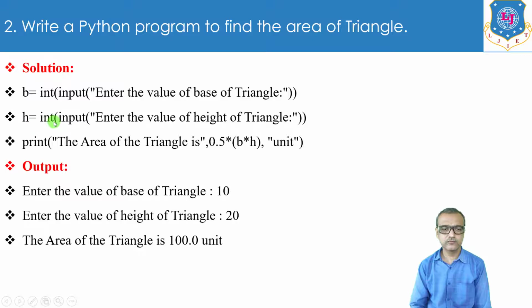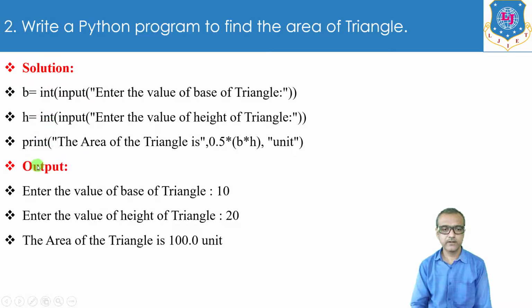Now h equals int of input, enter the value of height of triangle. Again, with the help of this input method, the user can enter the height of the triangle, and again that will be a string value. So that's why we need to convert that string value into an integer data type.